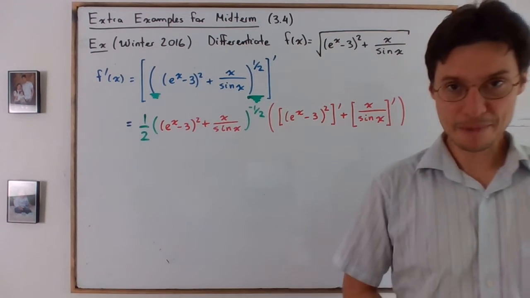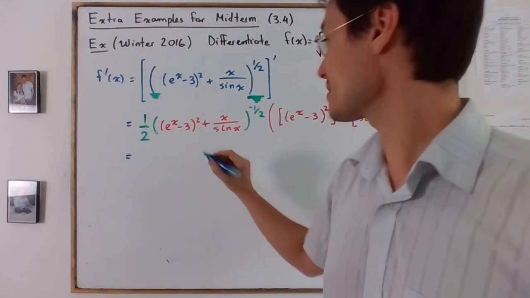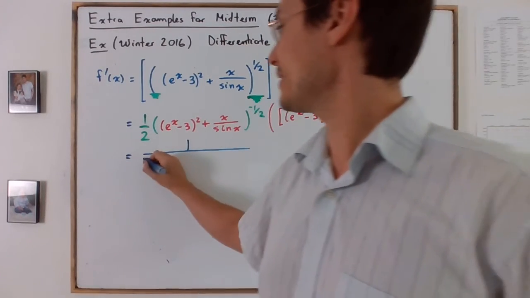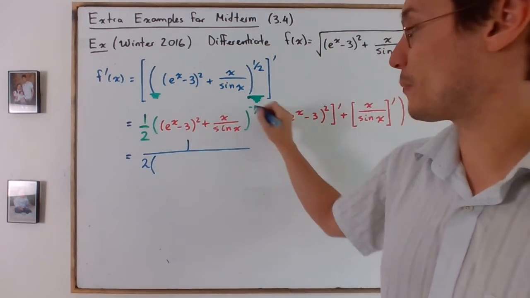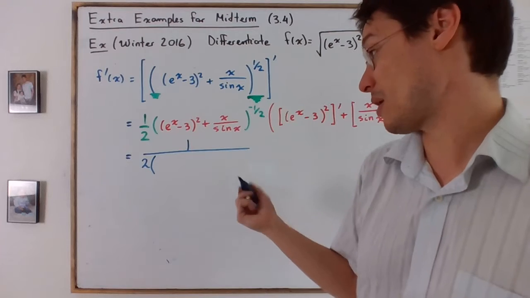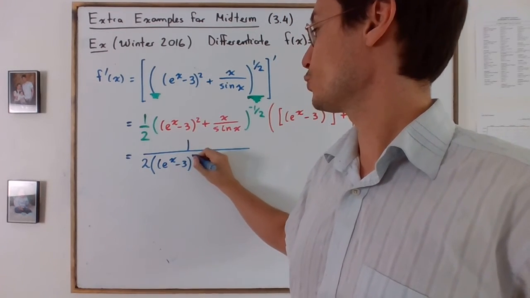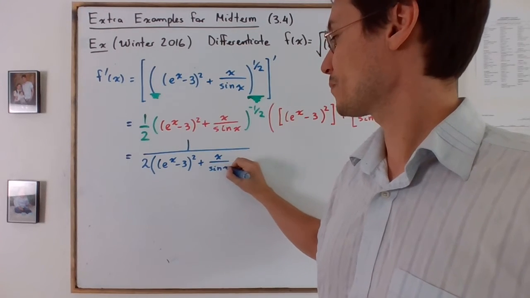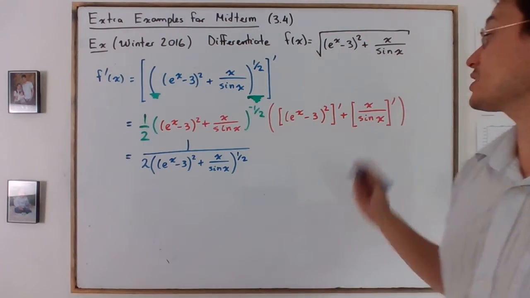From here, I'm going to do some minor simplification just to write the derivative in a neater way. I'm going to move that bracket to the bottom with a positive exponent: e to the x minus 3 squared plus x over sine of x, to the power of 1/2.